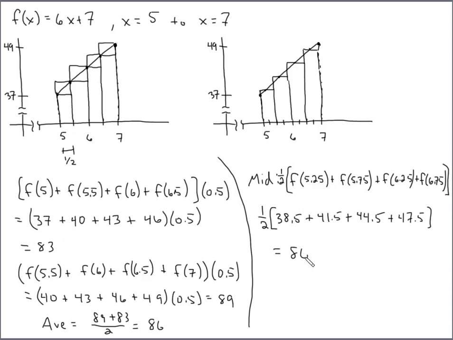Same exact answer. On the previous one of these problems, we had already seen that if you have a linear function, then the midpoint approximation gives the exact area under the curve. So what we have here in both cases is the exact area under the curve. Anyway, to answer all the questions: part A, 83, part B, 89, the average of the two, 86, and then the midpoint, also 86.